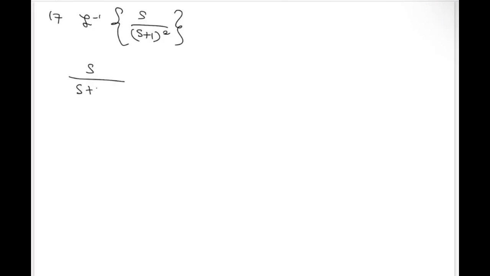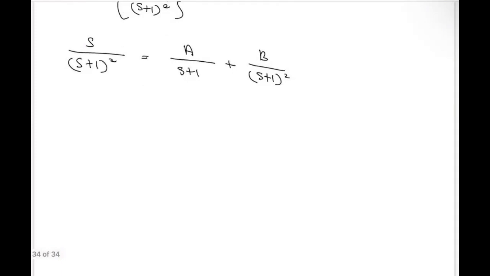So s over s plus 1 square is a over s plus 1 plus b over s plus 1 square. Here we multiply a with s plus 1, and b we don't multiply with anything. So here will be s over s plus 1 square.